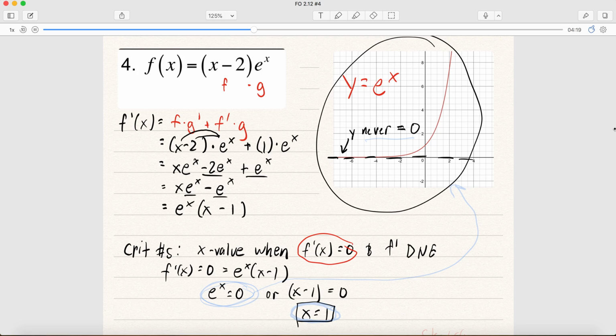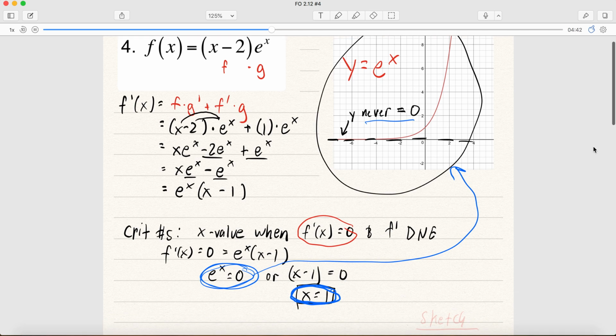Now, before we even started this problem, remember how I mentioned up above that e to the x can never equal 0. So this part, e to the x equals 0, doesn't actually give us any critical numbers. So the only critical number we got is x equals 1, or just one critical number.